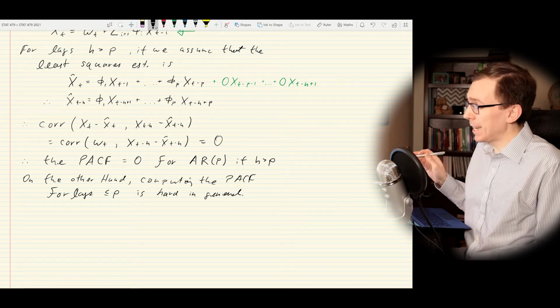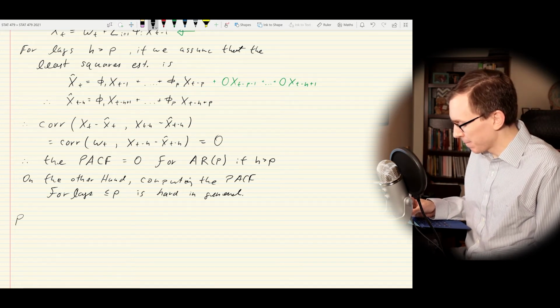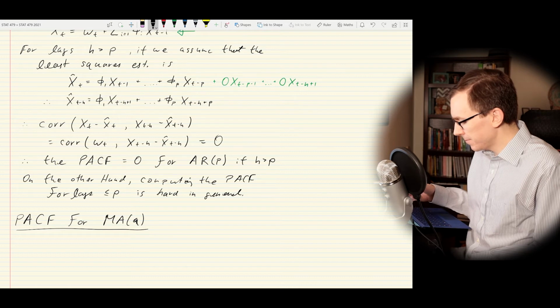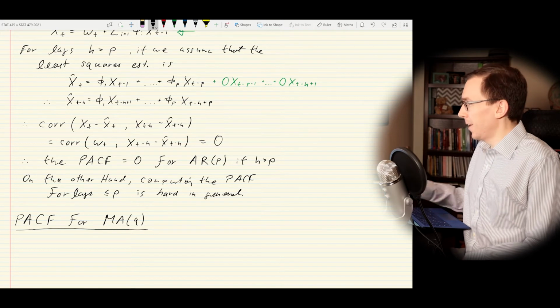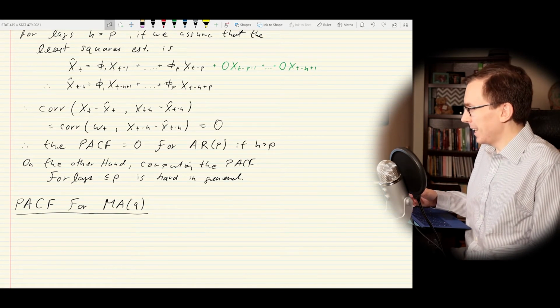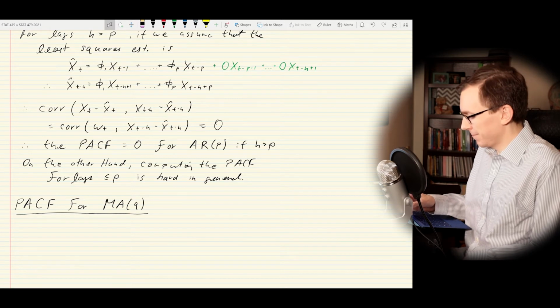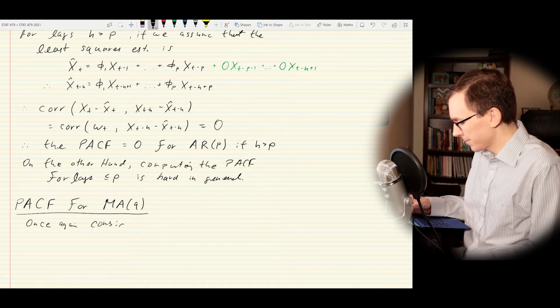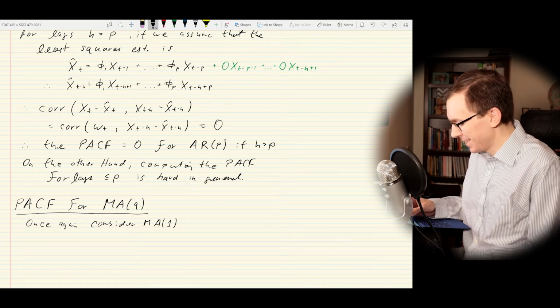And now, before we look at some examples, we should also see what happens when we take a PACF and apply it to an MA(q) process. All right, so once again, let's consider just the MA(1), because one term is complicated enough.